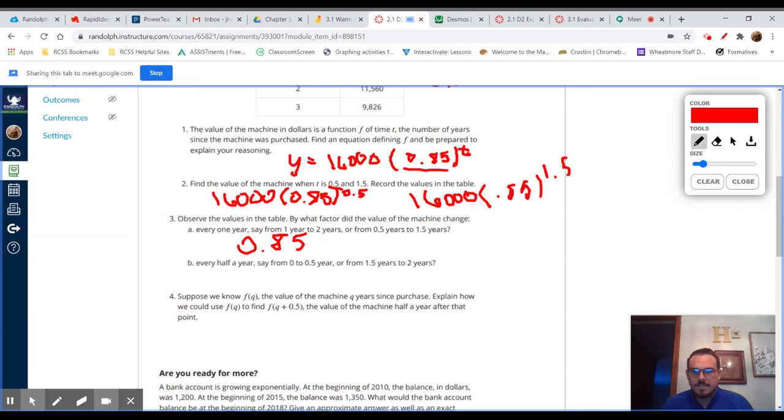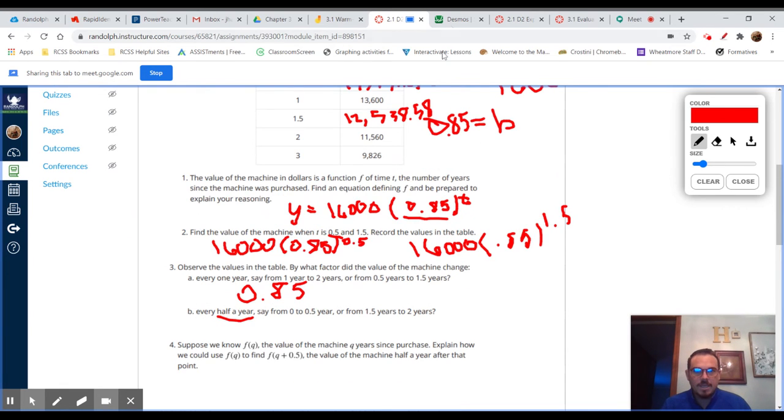So let's go back and say, all right, what if it was every half year, say from 0 to 0.5 or from 1.5 to 2? So in this case, what we're going to do is take this 11,560 and divide it by the half year change. So we'll say 11,560 and divide that by 12,538.58. And that will give me the factor.